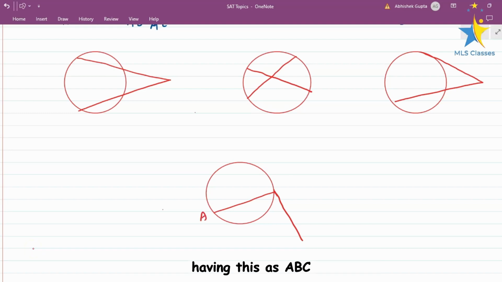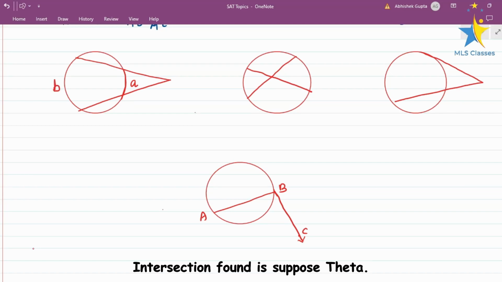Suppose we have this as A, B, C. This arc is subtending an angle A at the center, so we will represent this as A. This will be B, and the angle due to the intersection is theta.